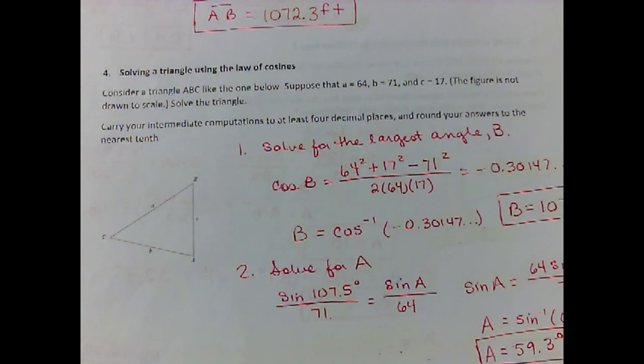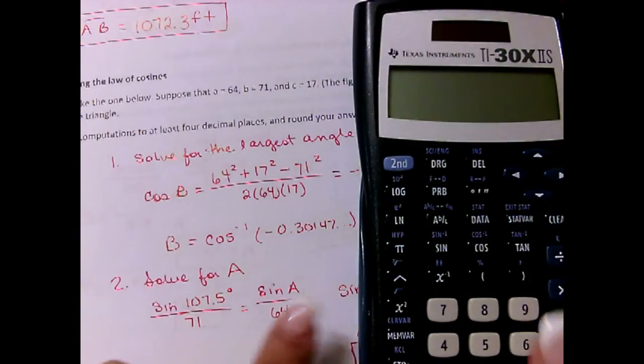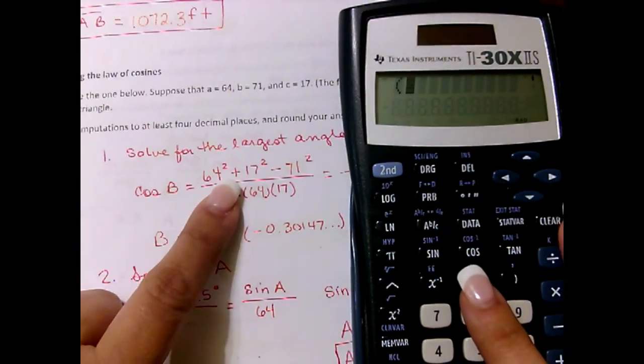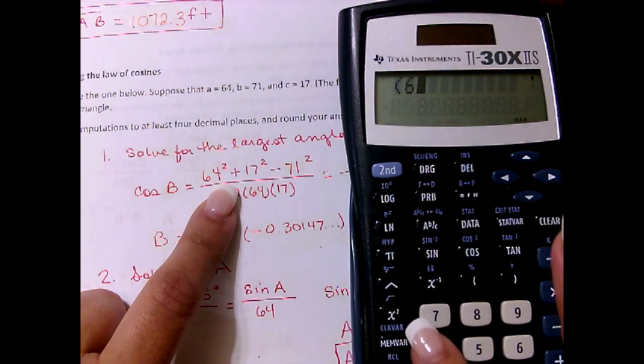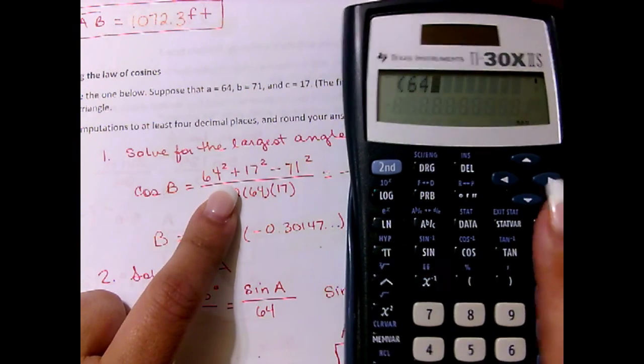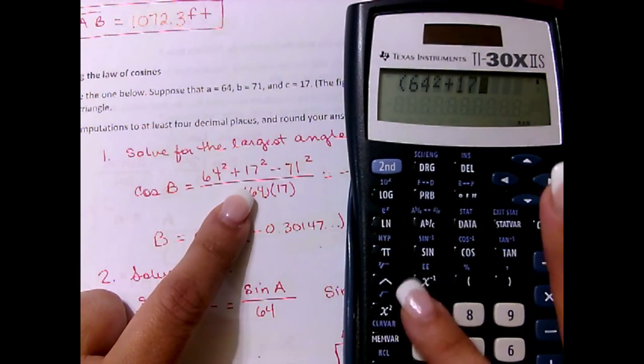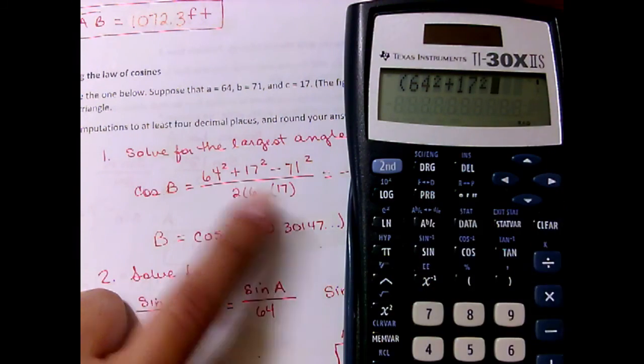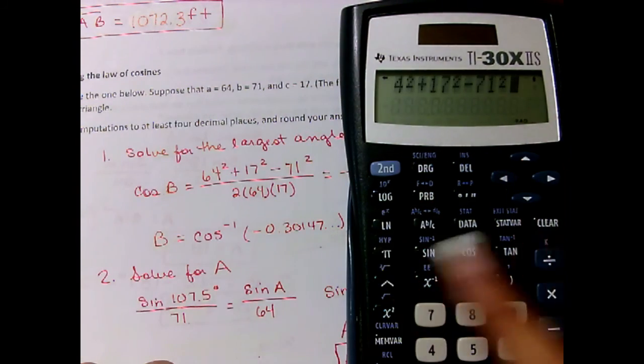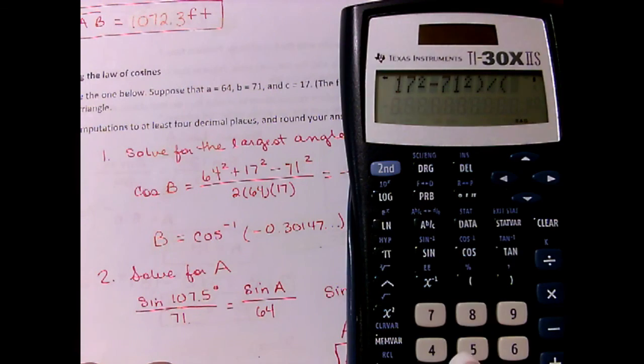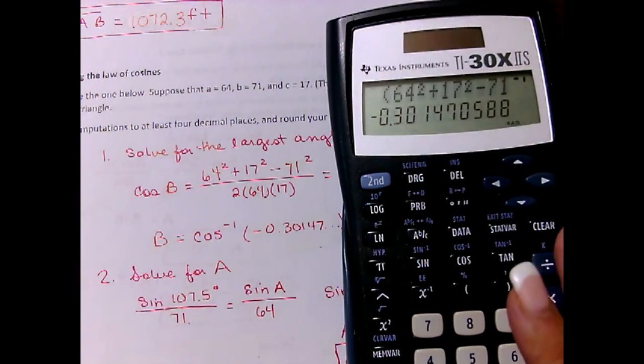Let's go ahead and do that. Remember, go ahead and put everything in the numerator in parentheses. So I'm going to have 64 squared plus 17 squared minus 71 squared, all divided by 2 times 64 times 17.